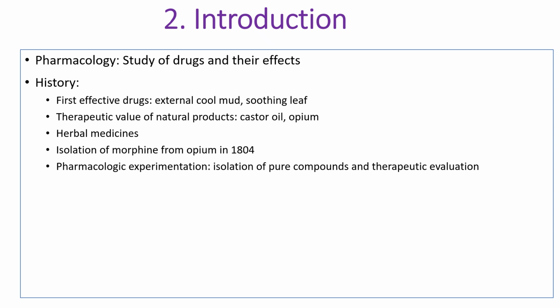In the earlier days, they used to have cool mud and soothing leaves, herbal products, natural products like castor oil, opium, herbal medications, especially morphine, which was isolated in 1804, right?